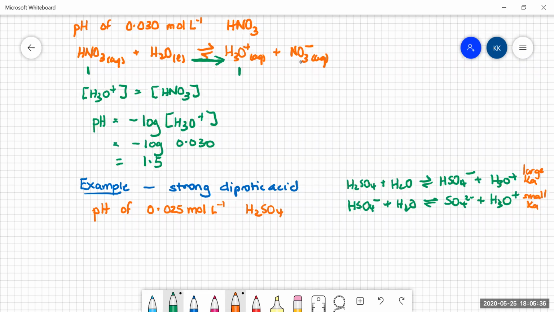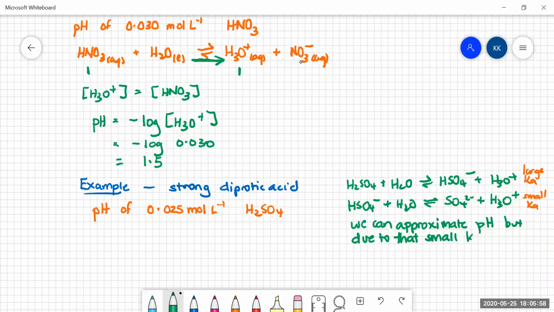So what that means is we're only going to get an approximation for this. So we can approximate the pH using this method, but it won't be completely accurate. And that's because of that small Ka on the second step.